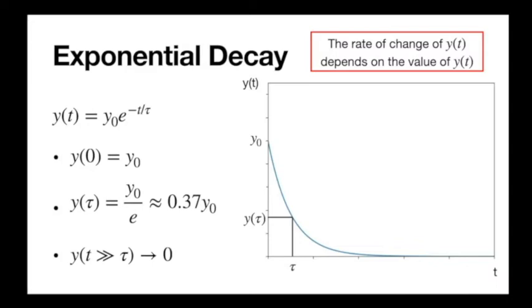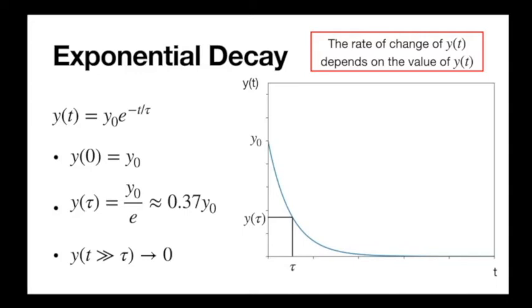All right, now let's plug in a later time. So now we'll plug in tau. We don't know what number that is, but it's some constant. Whatever it is, what is y when the amount of time that has elapsed is equal to tau? If we plug in tau here, we get y naught times e to the negative tau over tau, or e to the negative 1. There's another important thing you need to know.